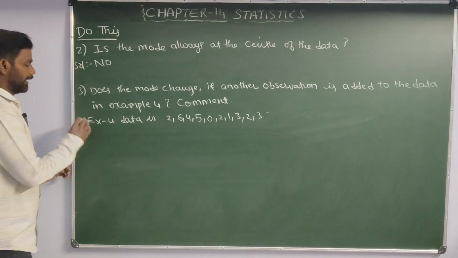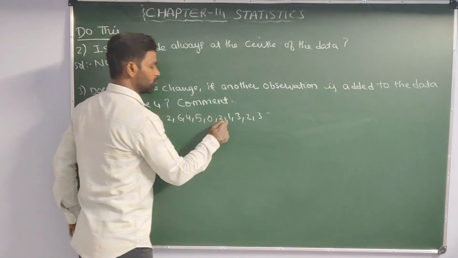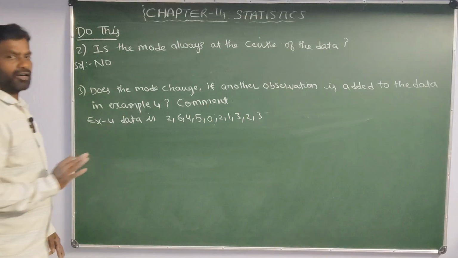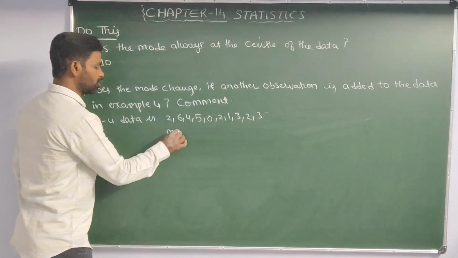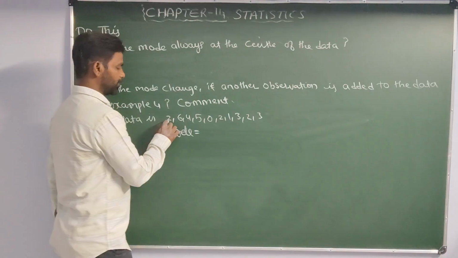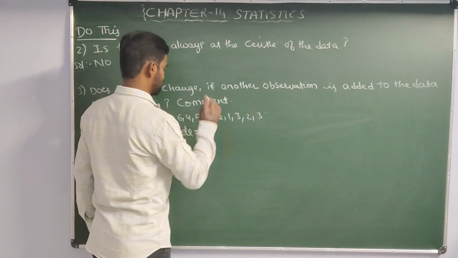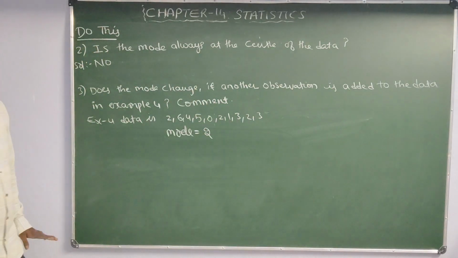Example 4 data is 2, 6, 4, 5, 0, 2, 1, 3, 2, 3. So this is the data of example 4. Now here, what is the mode? In example 4, 2 appears 1, 2, 3 times and 3 appears only 2 times. So clearly the mode is 2.